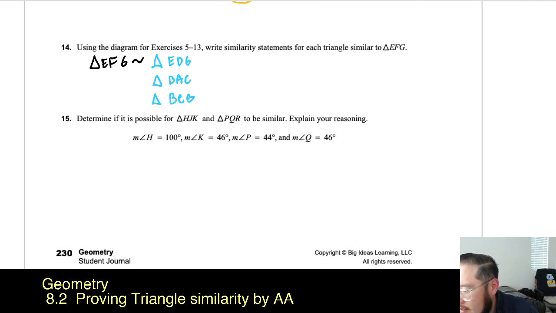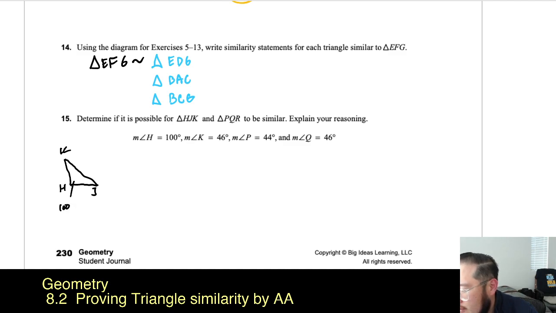So it says we have angle H, J, and K. H is 100, and K right here is 46.